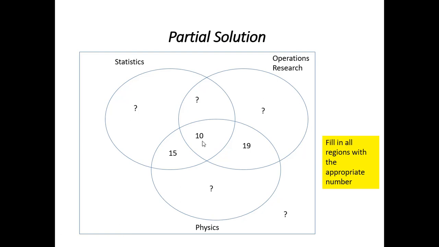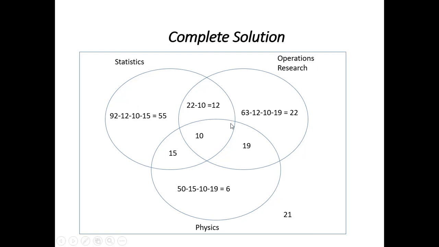So how do we start filling in the rest of this? Well, if we start over here, in this region, we need to go back and see that there's 22 students enrolled in statistics and operations research, but we already counted 10 of them. So the number of students enrolled in just these two is 22 minus 10, and that's 12.